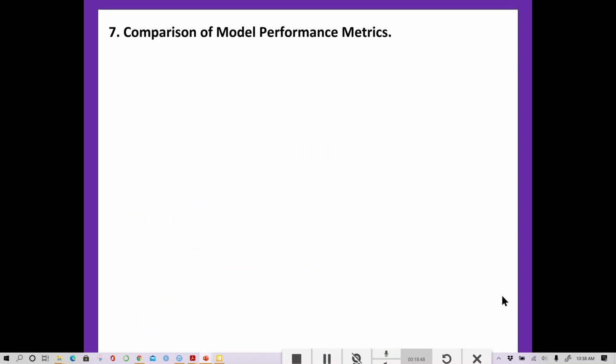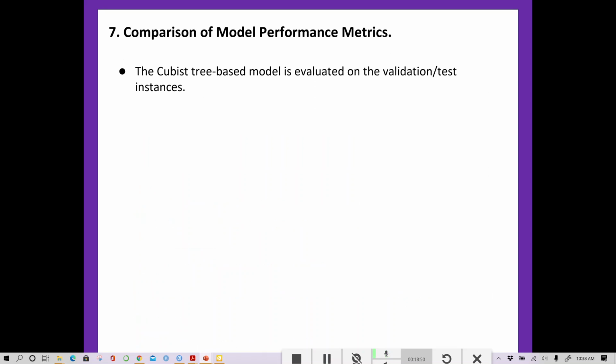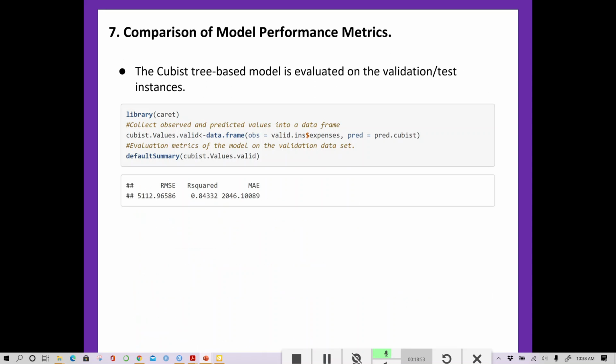At this point, we would like to evaluate the Cubist model on the test or validation instances, in which case you observe that the mean absolute error has reduced from what it was before. Formerly, for the single regression tree, it was about 3,505. And in this case, it has come down to approximately $2,046.10.